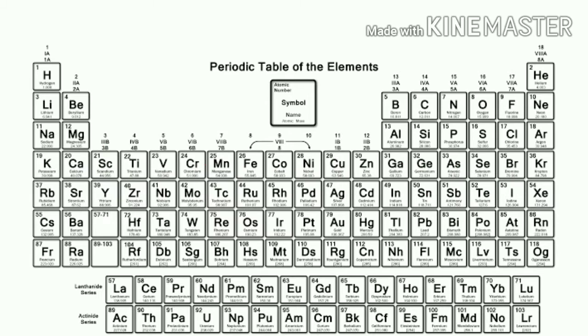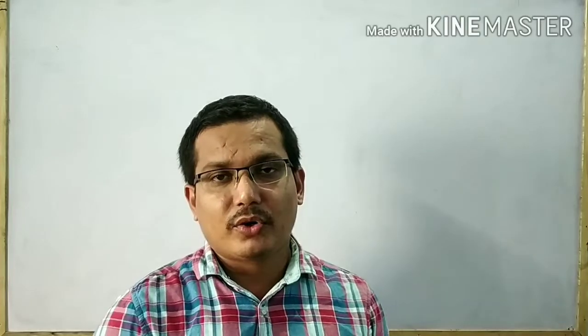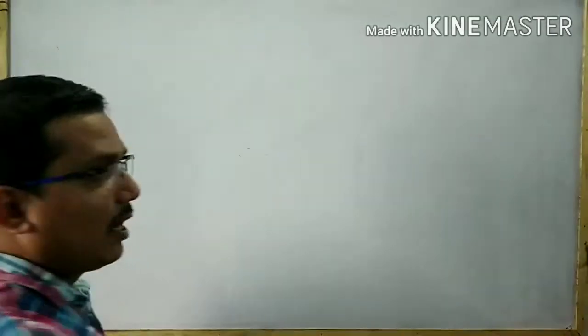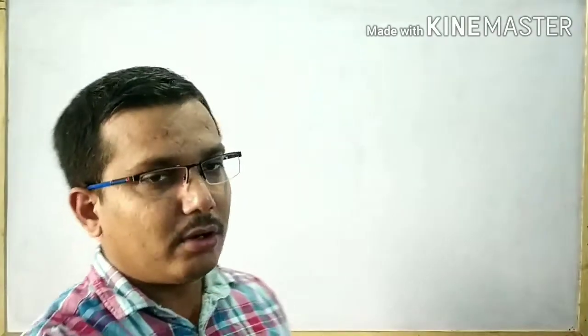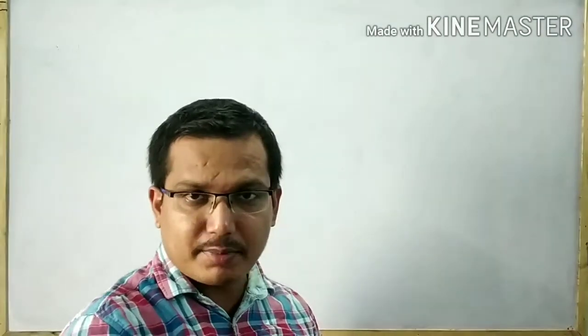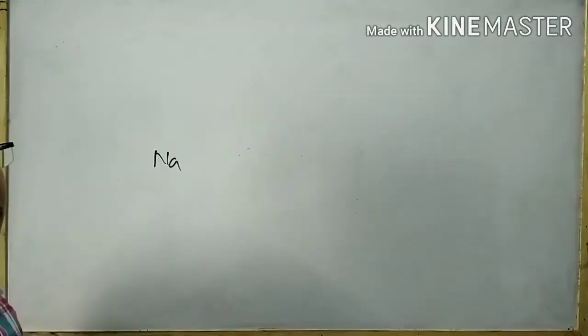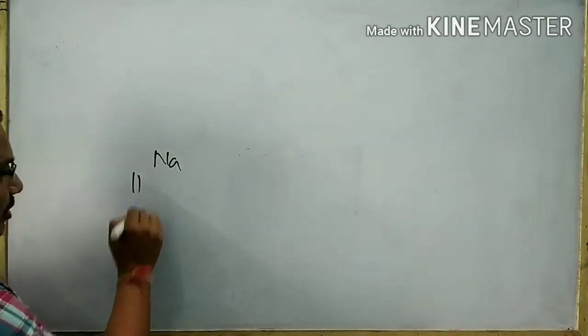Now I will discuss the S block element. Before going to the S block elements, I will teach you how you can know which element belongs to which block. It can be easily explained with the help of electronic configuration. Take an example, sodium. The atomic number of sodium is 11.